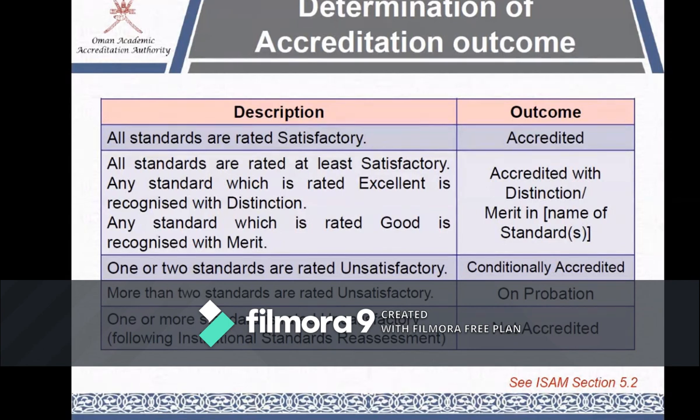Yes, I understand what you are telling, Tariq. The list changes because the criteria writer is writing the report based on what has been given in the ISAM manual, on the standards given there.